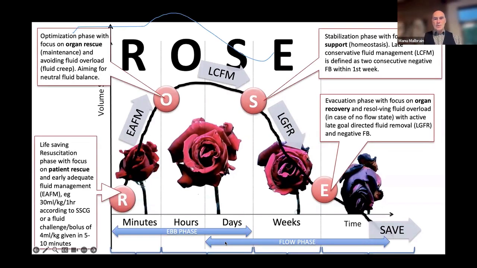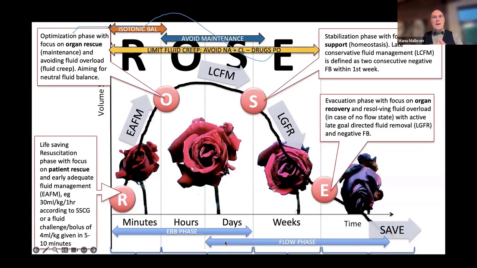So hence the ROSE framework, the different phases, where initially isotonic balanced solutions are a good first choice. If they are available, we should avoid maintenance because there is enough fluid already given. Limit the fluid creep. So if you need to give antibiotics, use glucose and use a syringe rather than a bag.